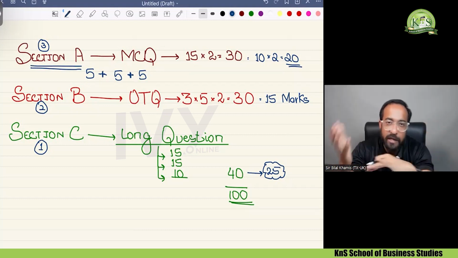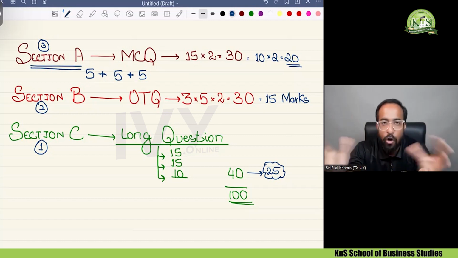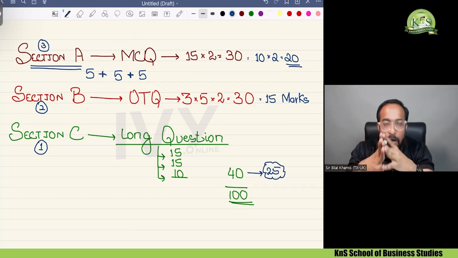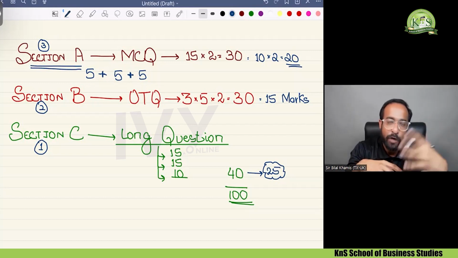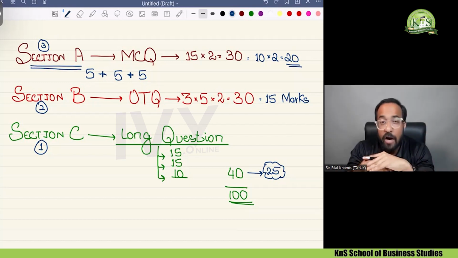But in section C, it does not matter whether the answer is correct or wrong, if you have done some working you will get marks. So while solving section C, your confidence level will be boosted, which will help you to solve sections A and B. What if you start from sections A and B and you are not that confident whether the option you opted for is right or wrong?